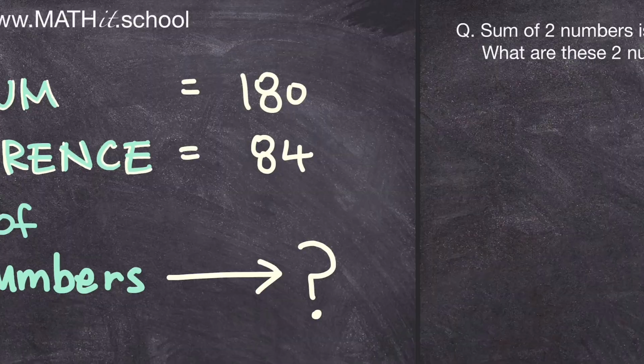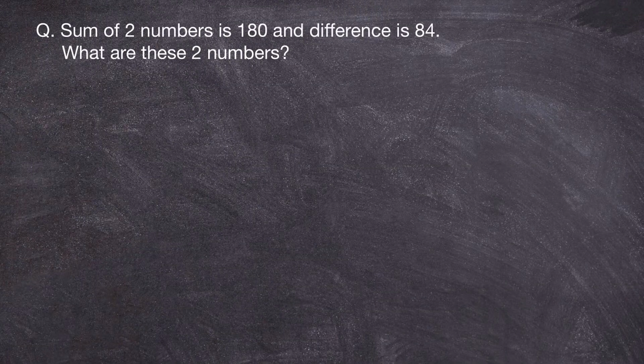So let's go. So sum of two numbers is 180 and difference is 84. What are these two numbers? Well, the first thing that I recommend you to do is to give those two numbers letters so that they can work as a variable.